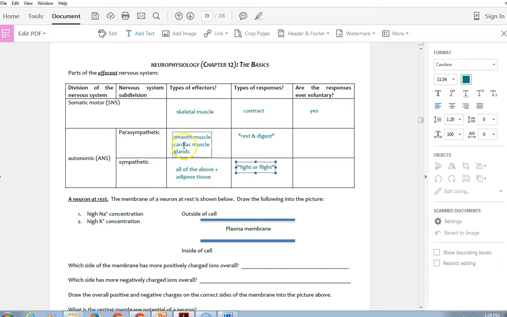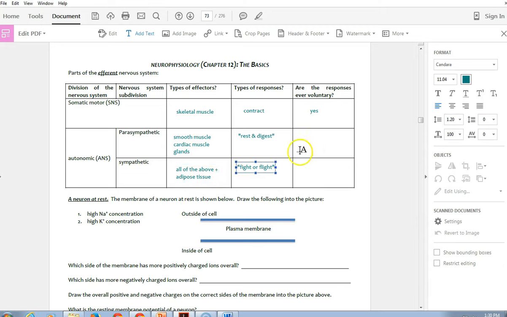Okay. Now the opposite would be if you ate a big meal and you're feeling kind of sleepy and you go sit in your chair, and so your body's digesting your food, your heart rate gets low, and in that case that would be a rest and digest response. So generally parasympathetic and sympathetic work on mostly the same effectors. There's one exception. Mostly the same effectors, but their effects are often opposite of each other.